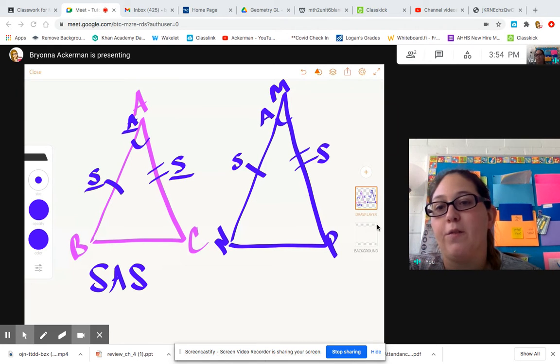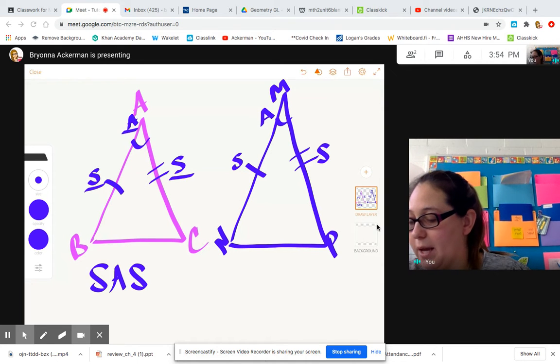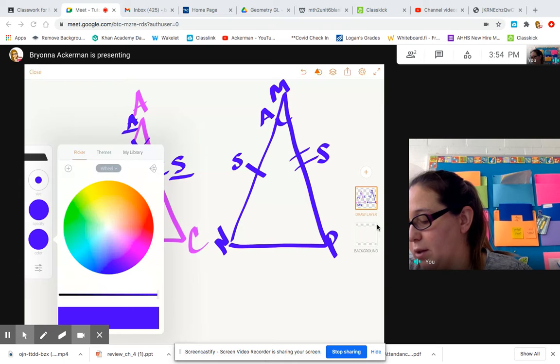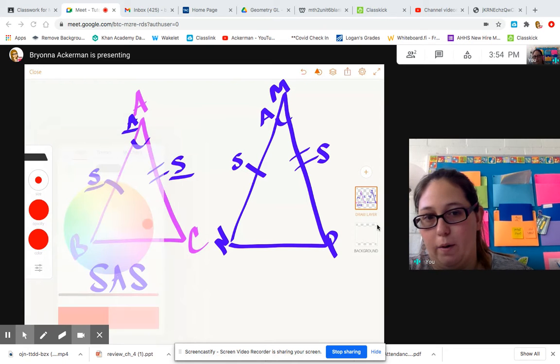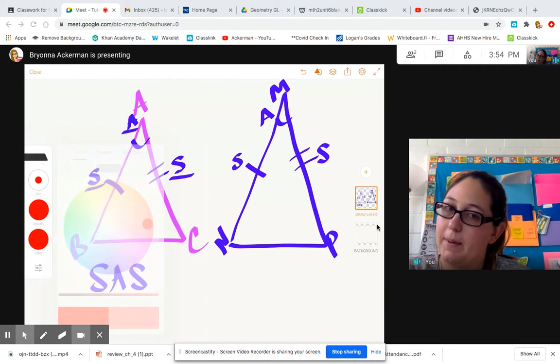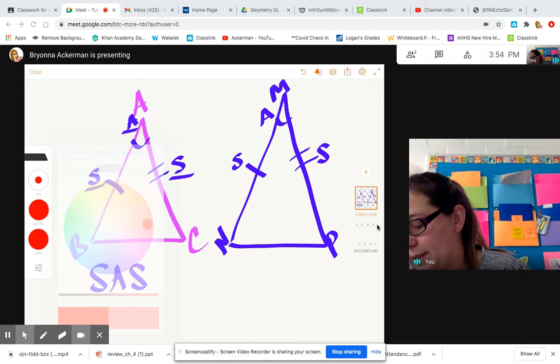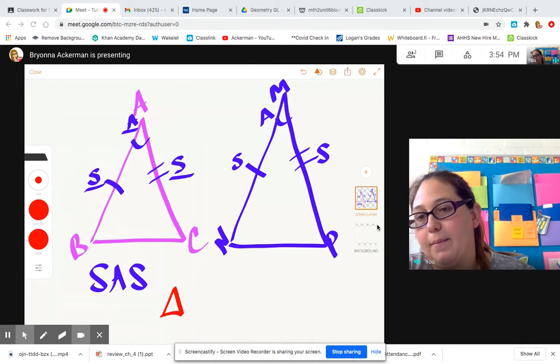So if we wanted to write a congruent statement saying that the triangles are congruent, there's a couple ways you can do it. Remember, as long as you're writing them in the same order, there can be multiple answers. So for example, I'm going to say triangle ABC.